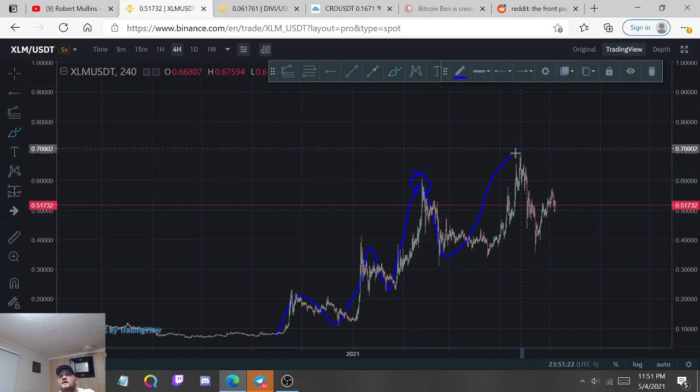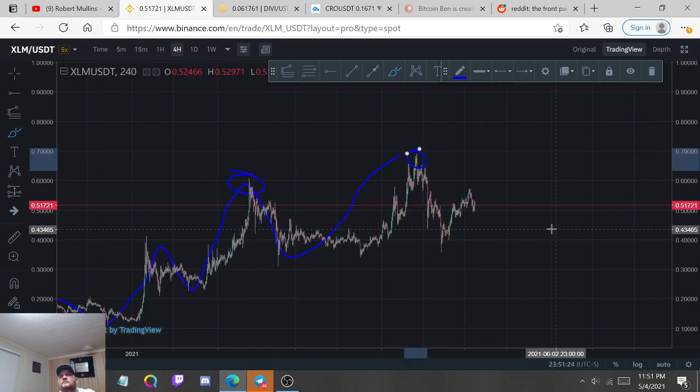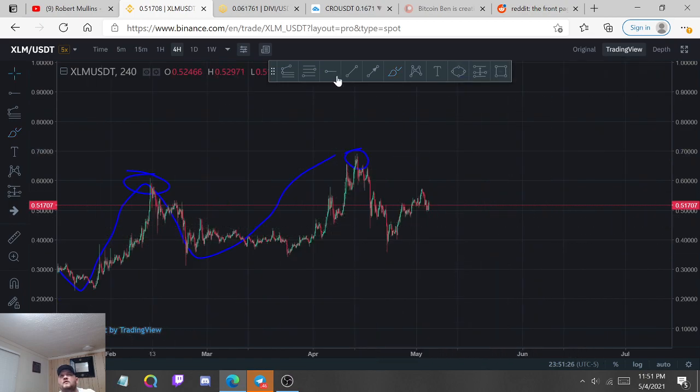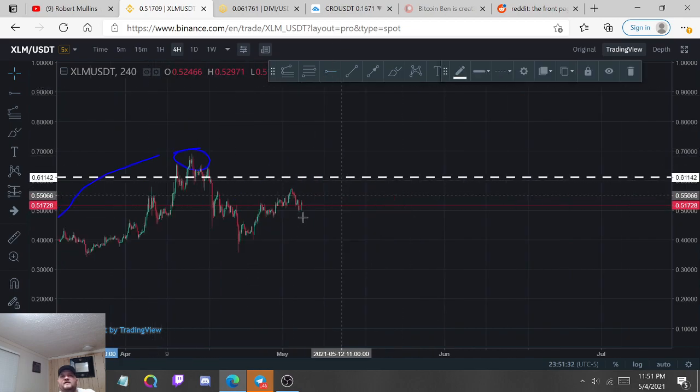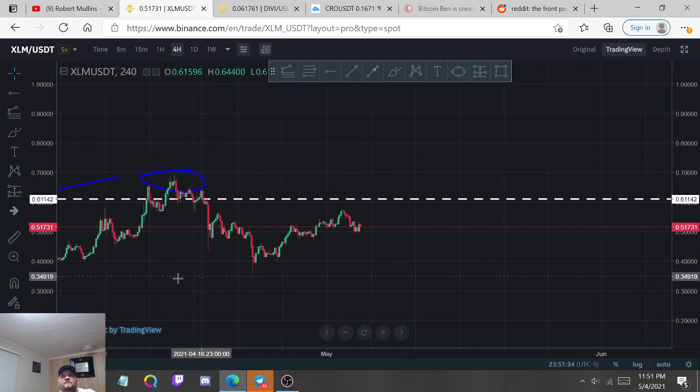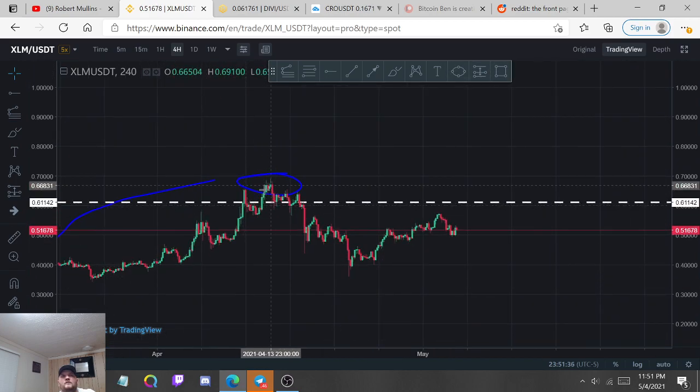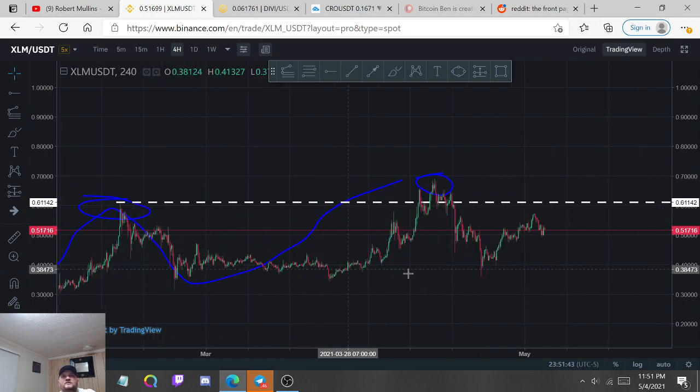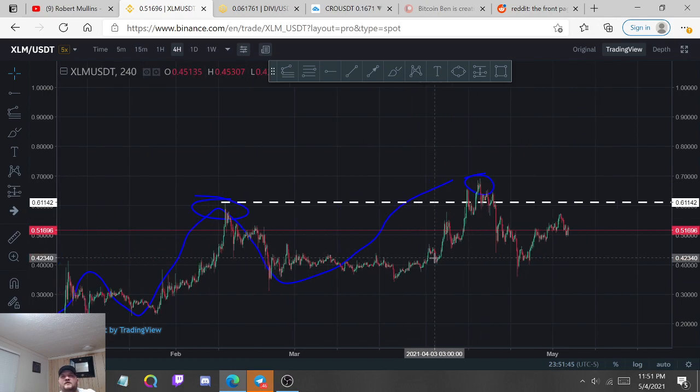We put in a higher high, higher close. We want to put a line right here on this high. We can see that we broke it. We can see that we put in higher close candles. We didn't just wick above it a whole bunch. We actually closed above it.